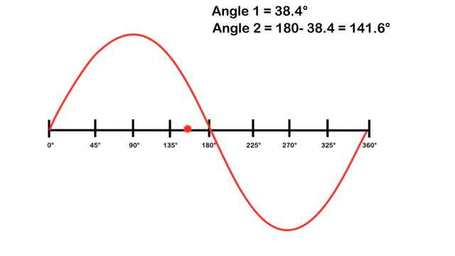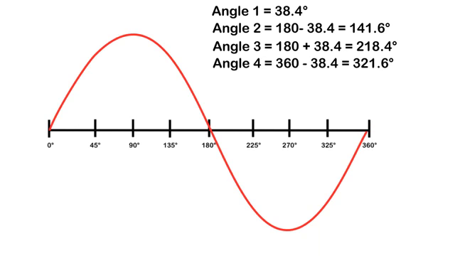So we went back 38.4, so we must be going ahead 38.4 to get the same value. 180 plus 38.4 gives me 218.4 degrees, and then moving back 38.4 degrees, we're going to take 360 minus that. So 360 degrees minus 38.4 degrees gives us 321.6 degrees.